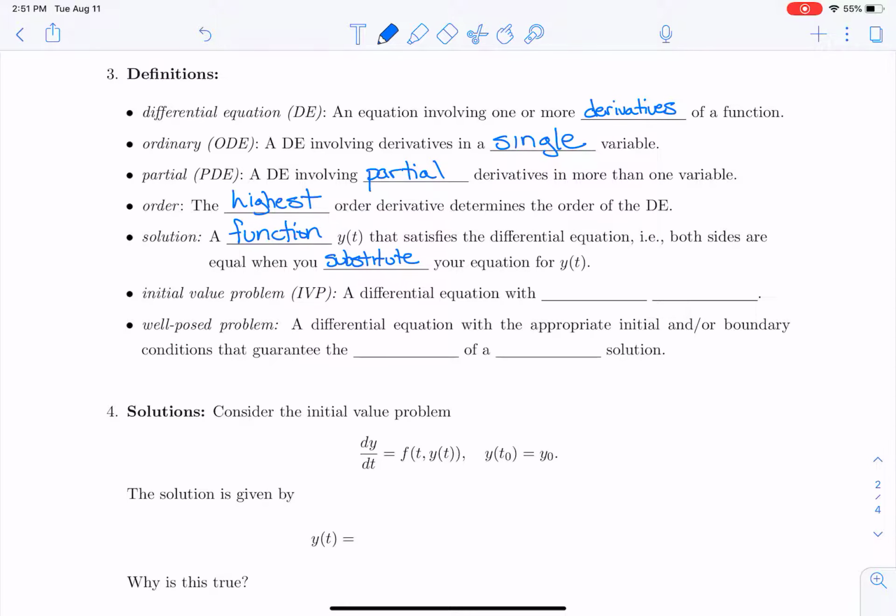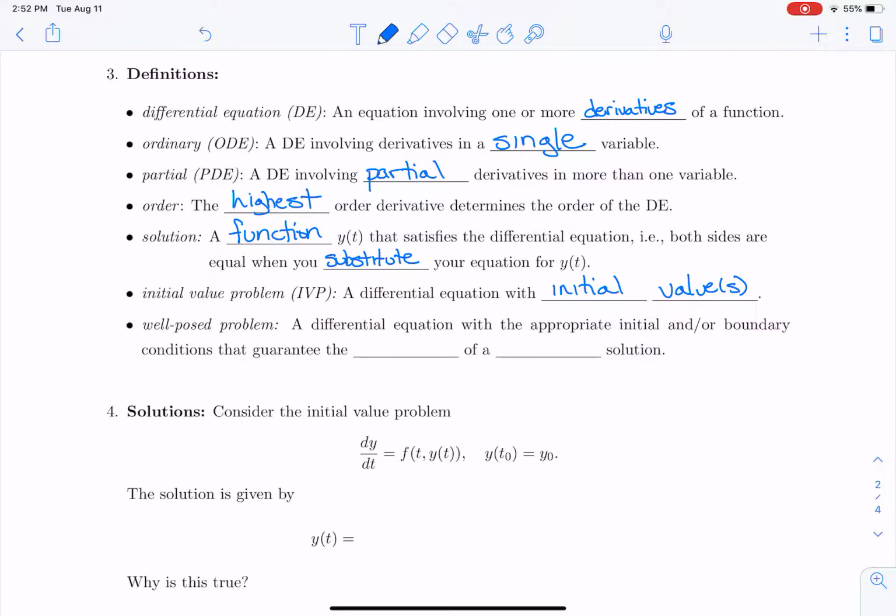Now, if you have a differential equation with initial values, like some of the ones that we have seen, that's called an initial value problem. If you have a differential equation with one initial value or multiple initial values, we call that an initial value problem.